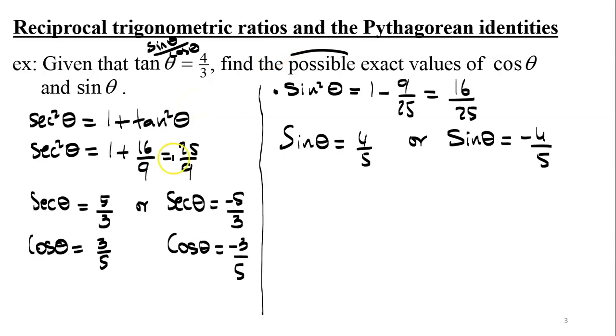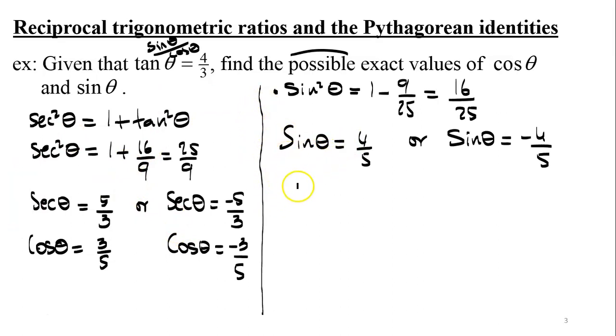So over here, if sine is positive, cosine has to be positive, and if sine is negative, cosine has to be negative. So this is how we'd actually allocate each of the values of sine to one of the values of cosine.